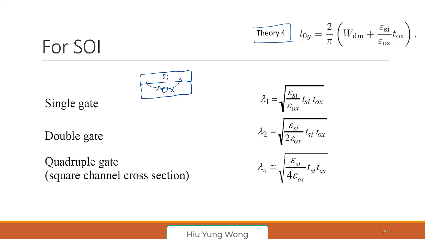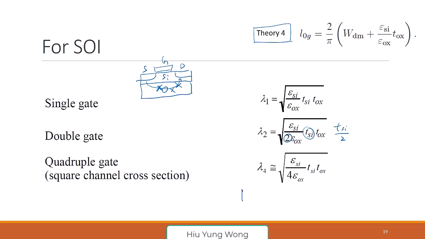Then you have very good control of your device. This is the gate, this is source, this is drain. If we have a single gate, it has this equation. When you have a double gate, you just reduce this by half because effectively the thickness is reduced by half. We also have quadruple gates.